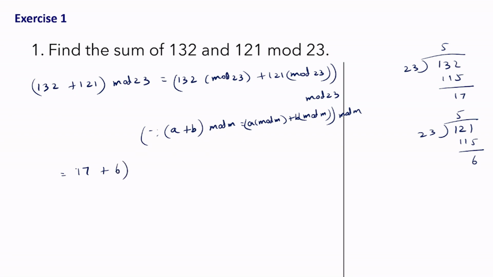So it is 17 plus 6 mod 23, so this is 23 mod 23. When we divide 23 by 23, we will get the remainder as 0. So the sum of 132 and 121 mod 23 is 0.